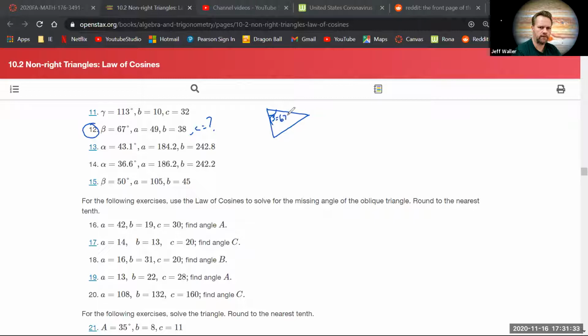That's 67 degrees, which means what's going to be here? 38. It's got to be B across from B. It's crazy how that works. And then I could put A and C wherever I want to. So I'm going to put A there. So that means 49 goes there. And I'm going to put angle C here. And over here, I'm going to put little side C.